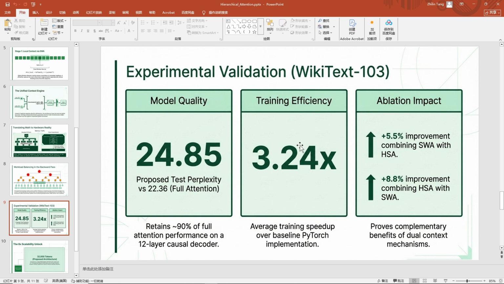So this ablation study showed that combining HSA and SWA, which represent hierarchical attention and sliding window attention, improves perplexity by 5 to 9% compared to using each alone, demonstrating their complementary benefits.